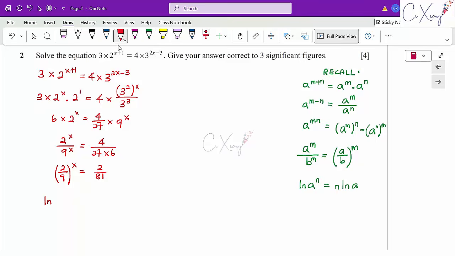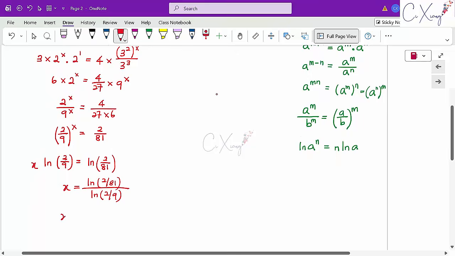If you take ln both sides, this is what you have. Ln 2 over 9 equals to ln 2 over 81. And the x is in front here. Okay, so eventually, to get the answer for the x, what you need to do is you just need to move your ln 2 over 9 to the other side. Okay, and use calculator to help a little bit.